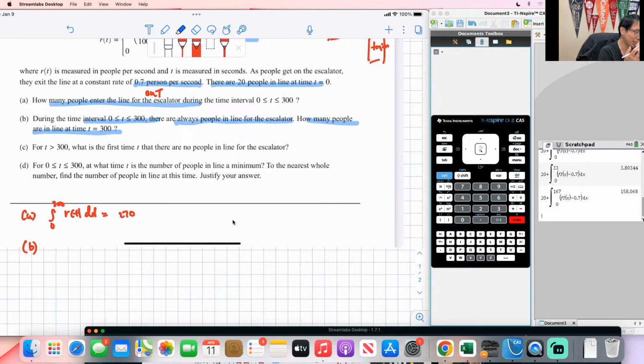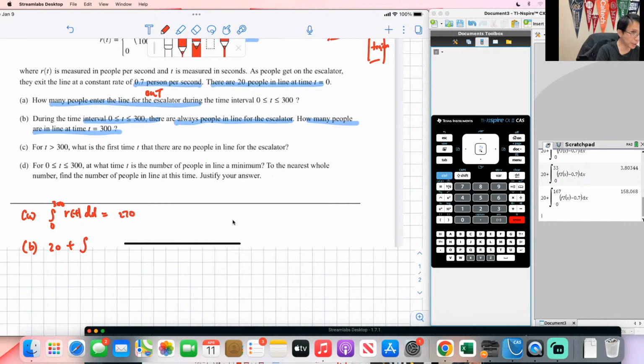So you start with 20, because there were 20 people to begin with, and then plus the net rate. Think about it: net rate is like a velocity. If you integrate velocity, you get the distance you traveled.